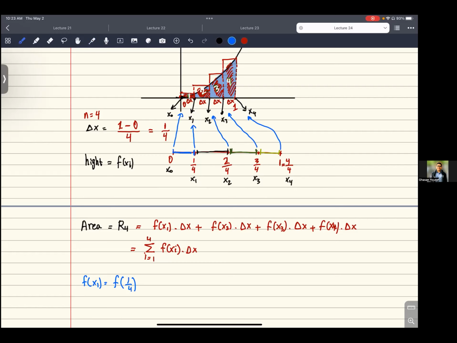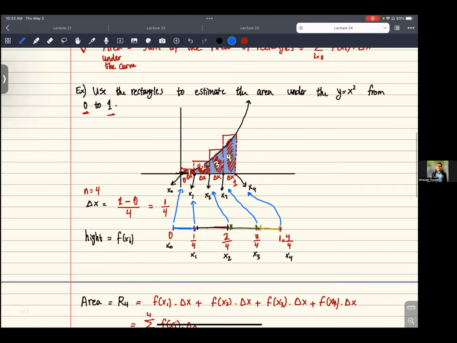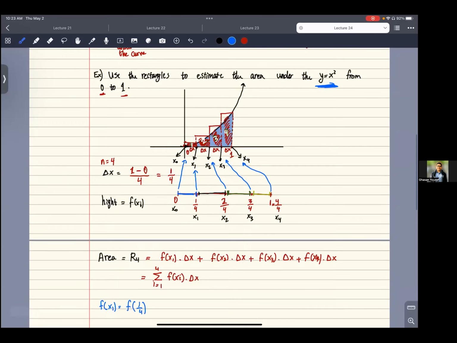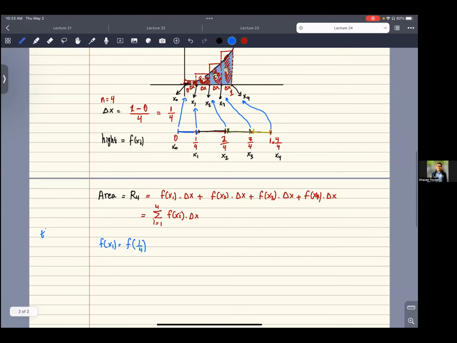Okay, f of x1 is the same as f of 1 over 4. What's the function actually? The function is y equal f of x, f of x equal x squared. So what is 1 over 4 squared? It's 1 over 16.